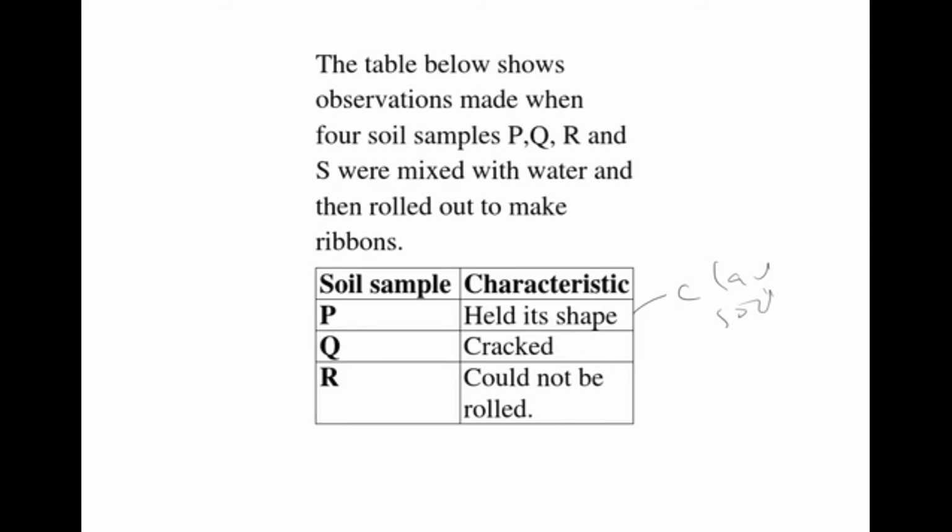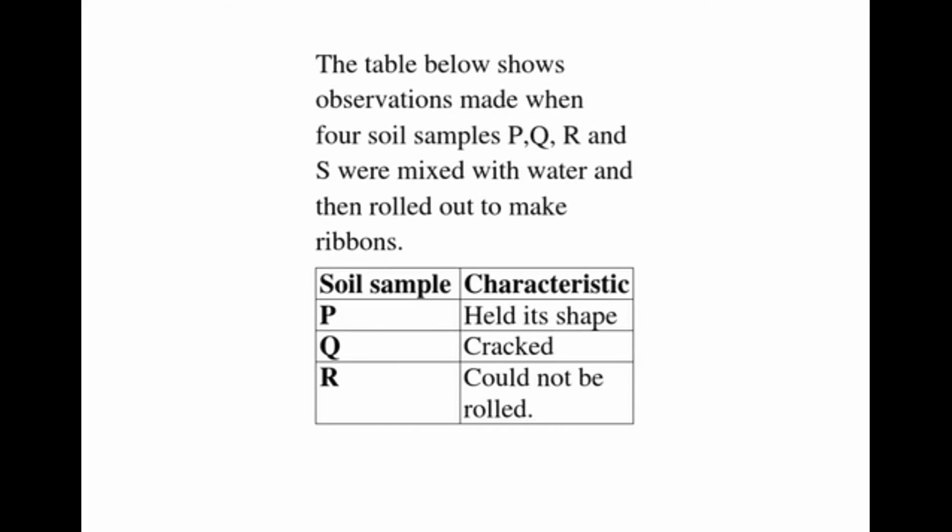Cracked, also, clay soil cracks when dry. We have loam. It can be rolled into ribbons, but the ribbons cannot hold their shape. The reason being that loam soil is made up of clay plus sand. So the clay particles enable it to be rolled, but the sand particles do not allow it to hold its shape.